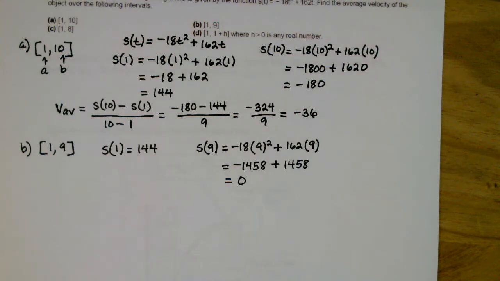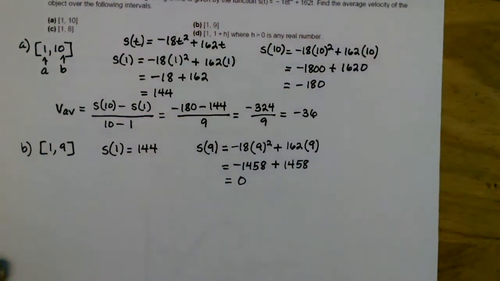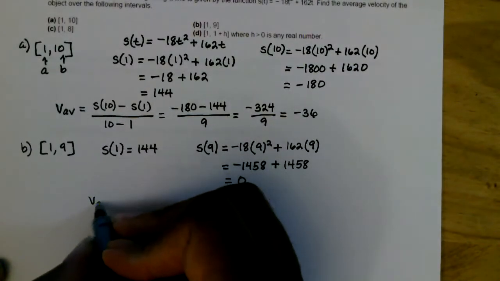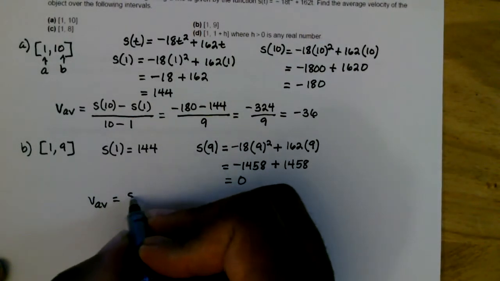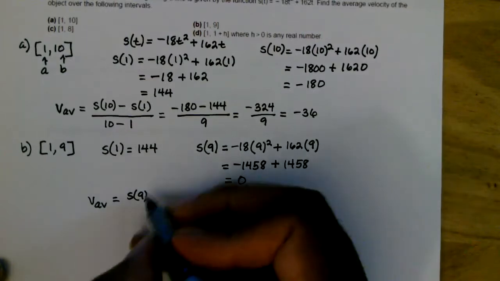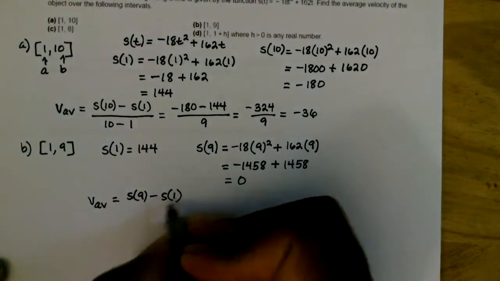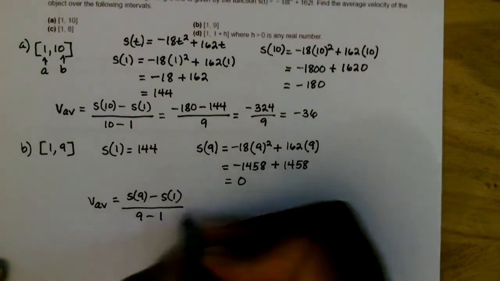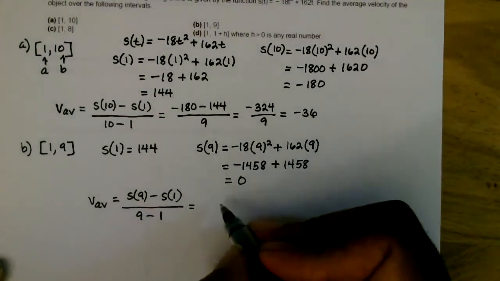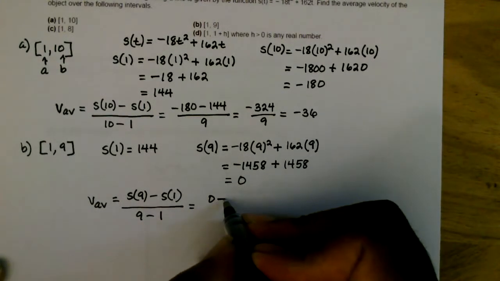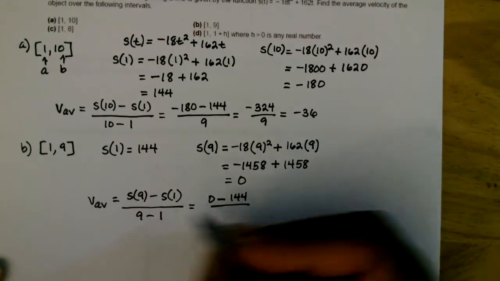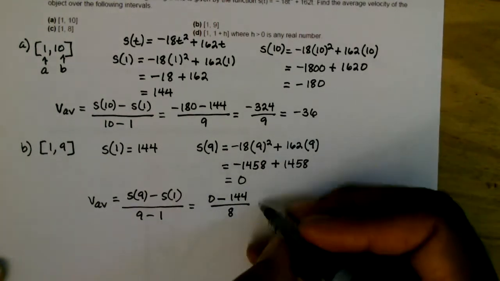All right, so now we can find the average velocity from 1 to 9. So this time, this will be S of 9 minus S of 1 divided by 9 minus 1. So S of 9 was 0 minus S of 1, that's 144, divided by 9 minus 1, which will be 8.